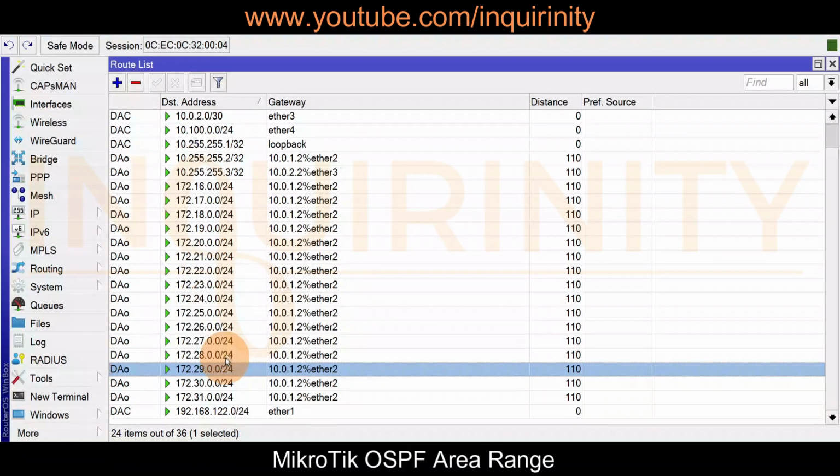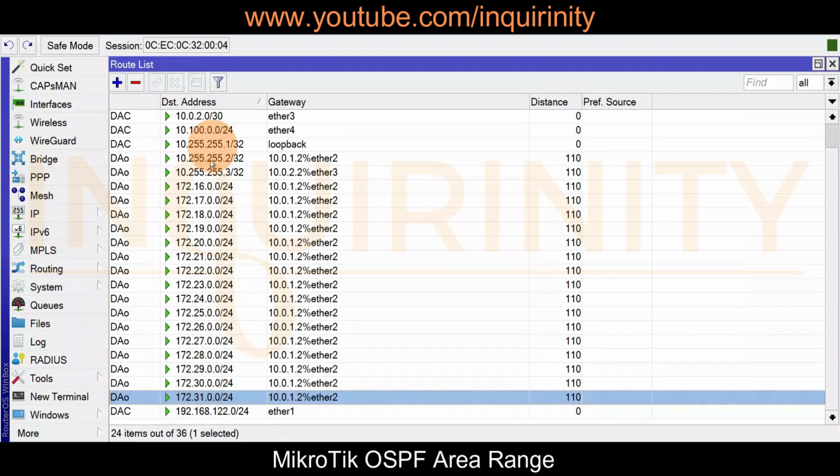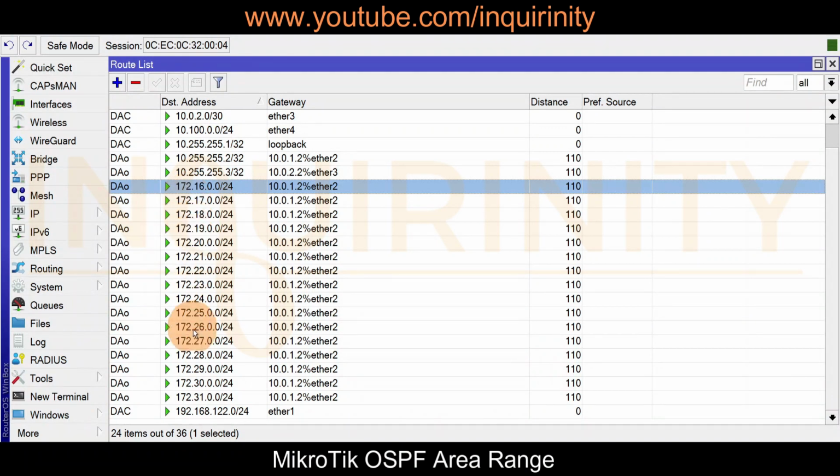In other words, to be optimized, all the more reason to summarize, or so-called aggregate, these subnets, and hopefully they could be learned by just a single routing entry.